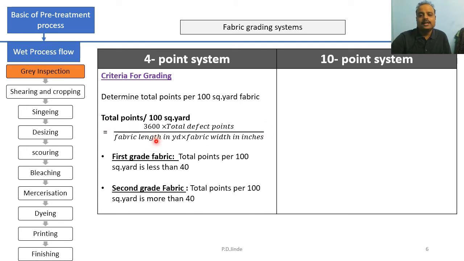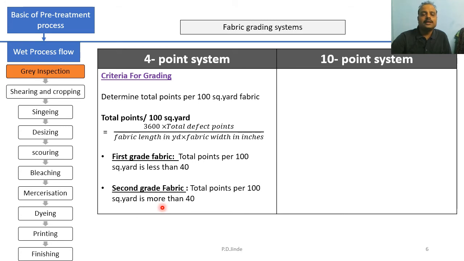And then when you call the fabric first grade and second grade, there is a condition: if total point per square yard is less than 40, right? And if the total penalty point per square yard is more than 40, in that case the fabric is said to be a second grade.